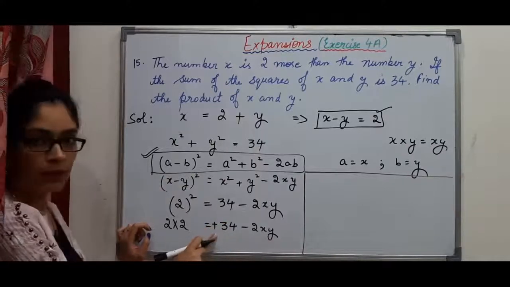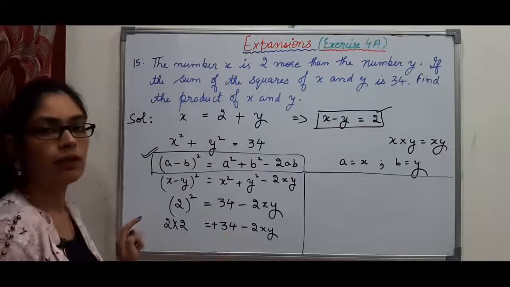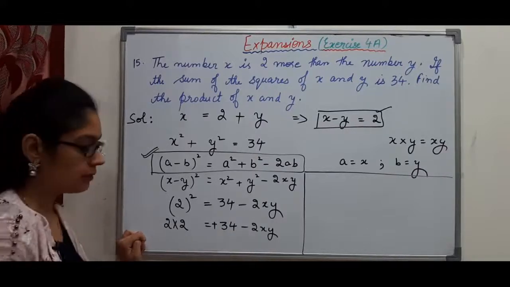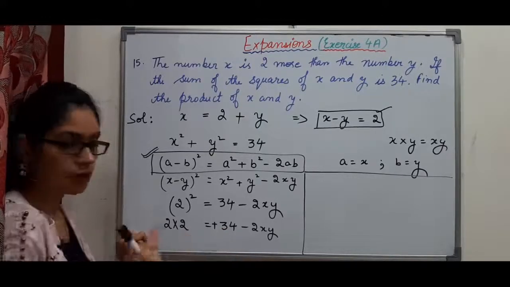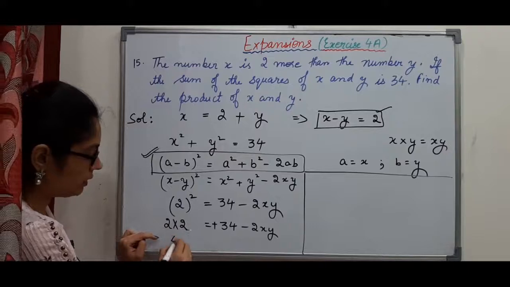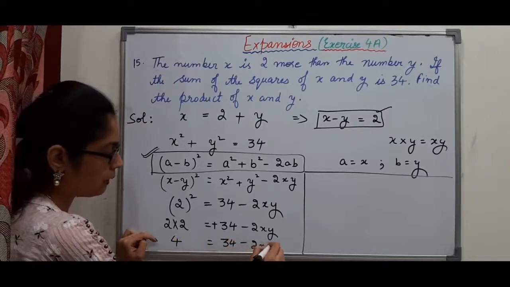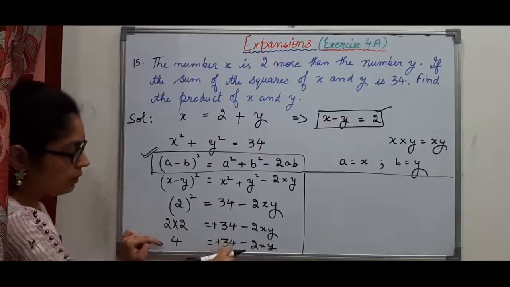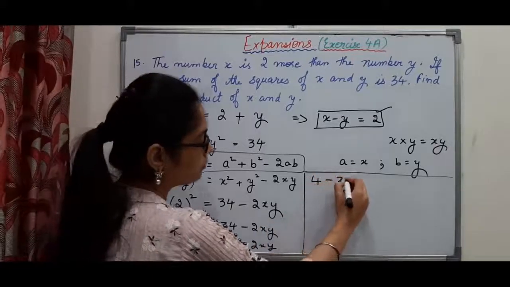See, you don't have to see only that the subtraction of numbers is taking place, you have to see the sign also. So the sign with 34 is plus. So the 4 and 34 minus 2xy. With 34, the plus sign is there. So on shifting it will be changed to minus 34.